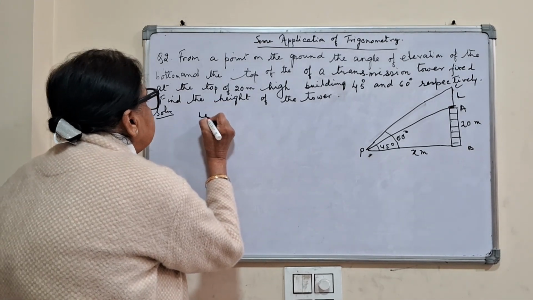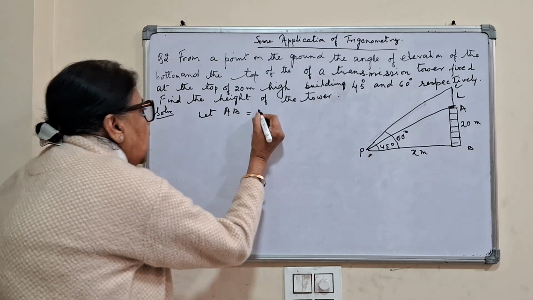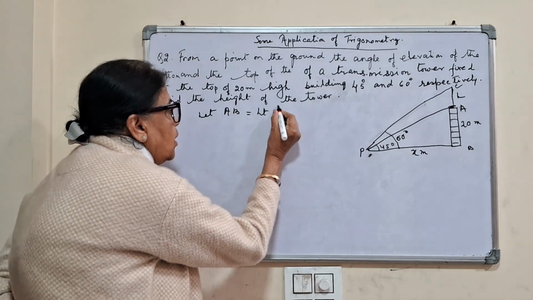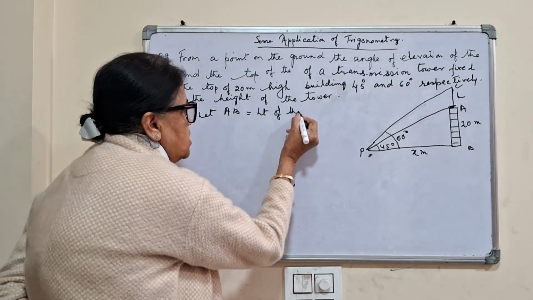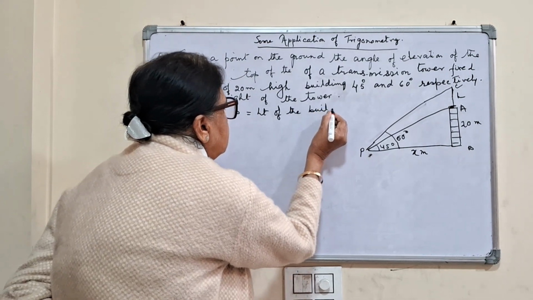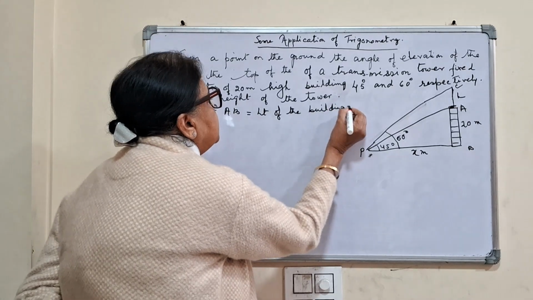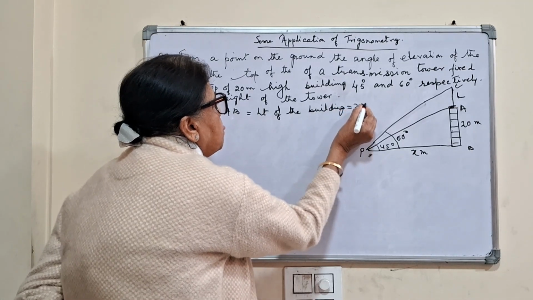Now the solution is, let AB be the building, height of the building is equal to 20 meter.